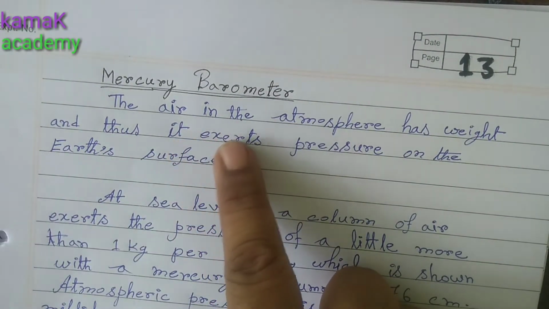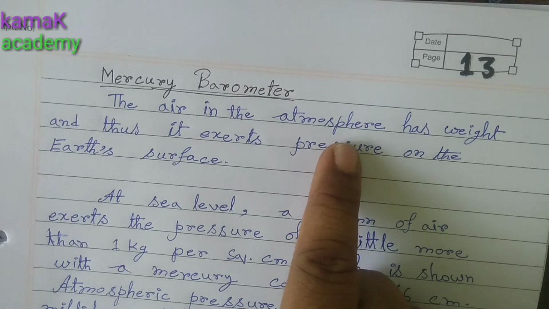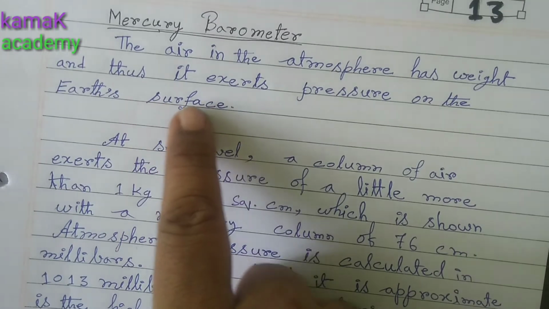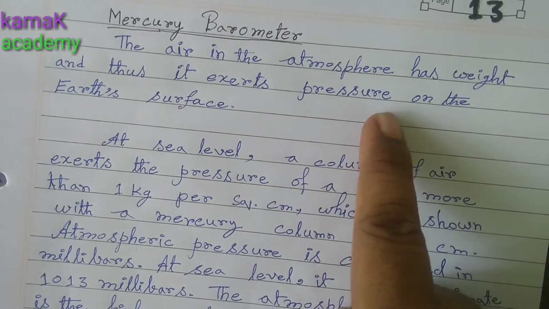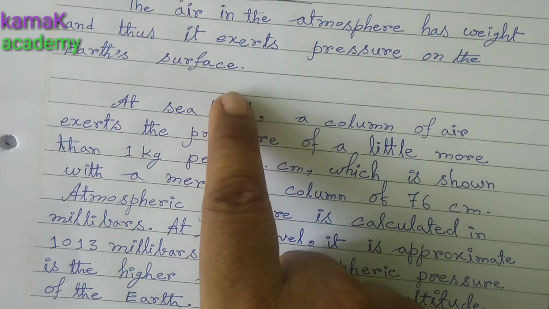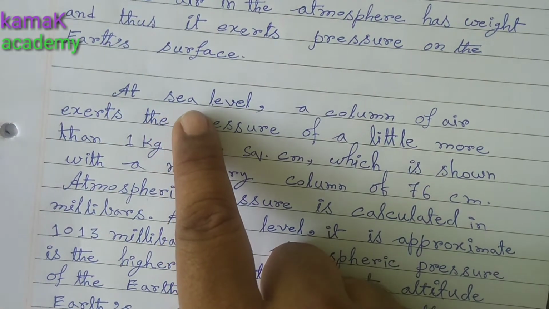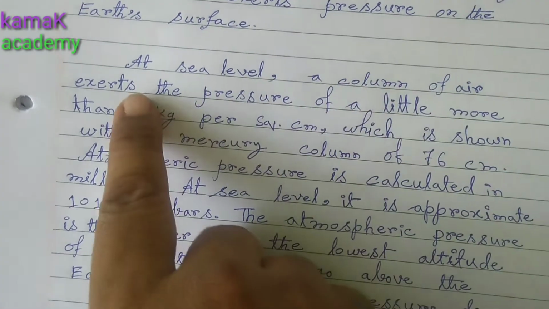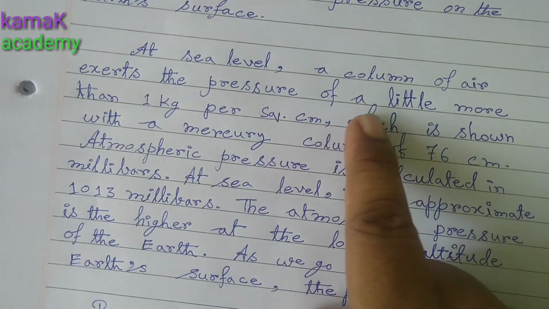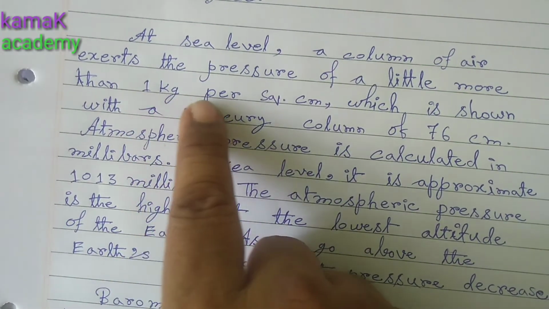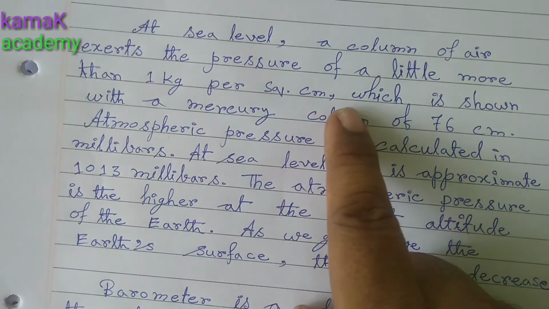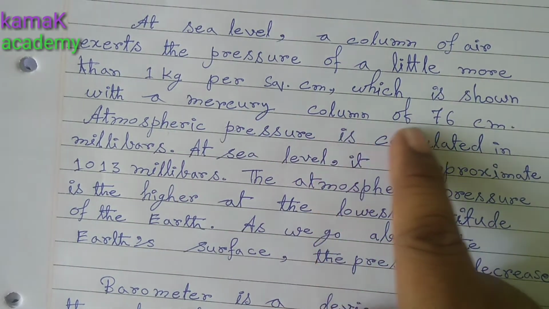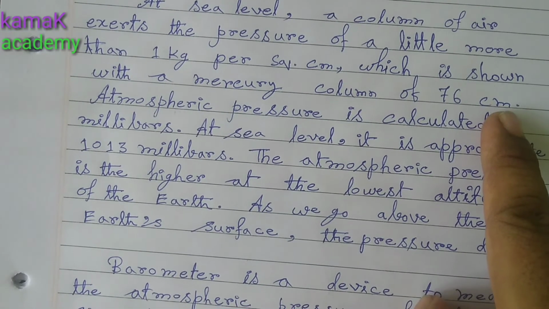The air in the atmosphere has weight and thus it exerts pressure on the earth's surface. Come to the next para. At sea level, a column of air exerts a pressure of a little more than 1 kilogram per square centimeter, which is shown with a mercury column of 76 centimeters.